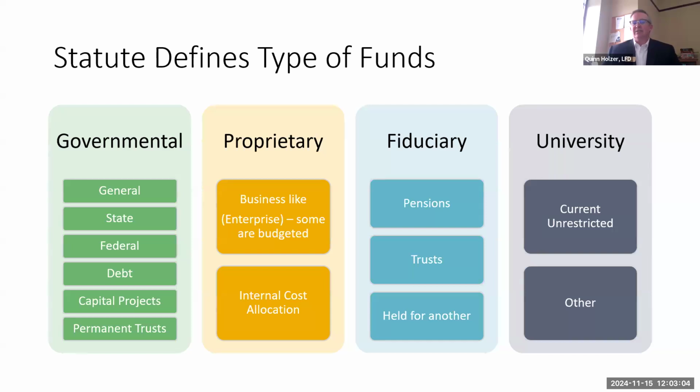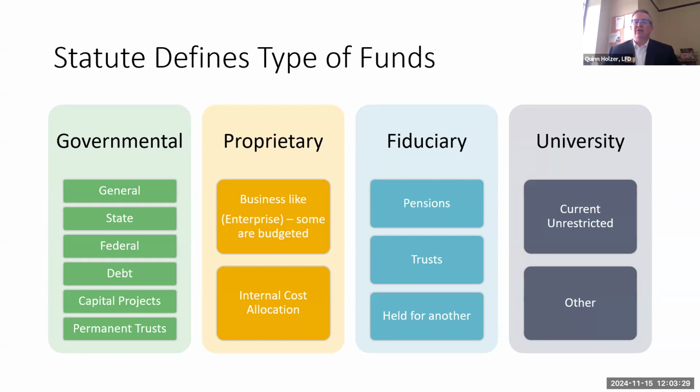I'll work backwards on this just because we'll end on the governmental ones and go into this a little more. You can see on the right there the university funds, and they have what they call current unrestricted and some other funds. There is a differentiation between the control the legislature has over providing funding and the control the university system has over running their own things. Constitutionally, they do have control over their own system, and so there is a separation there.